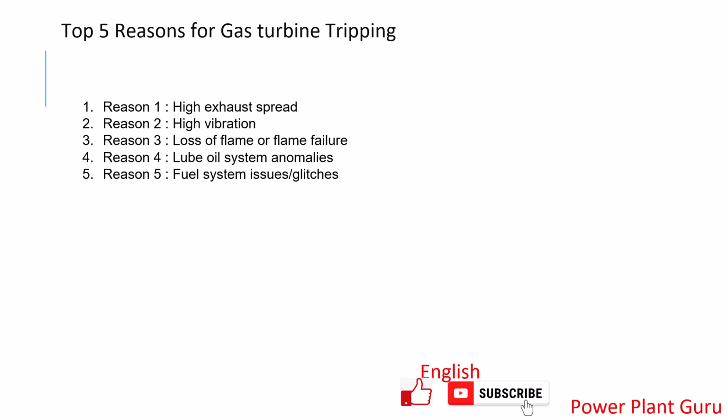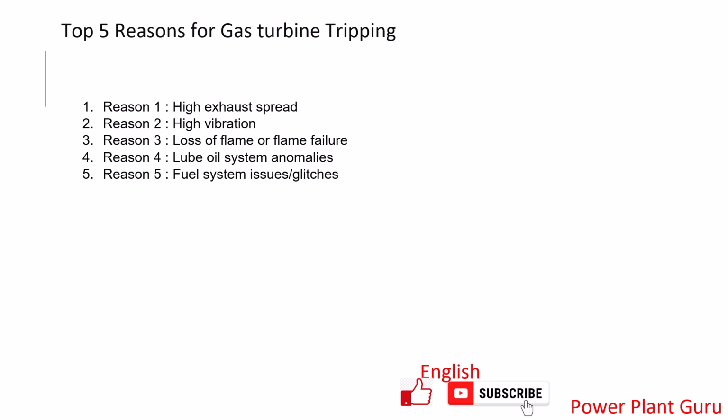I tried to create a video on vibration, but it seems it's going to be a long video. So what I have done is I have tried to capture the details of the vibration system, which essentially you should know when we talk about protection like tripping and other things. This video is going to explain the essential details through a PNID in a gas turbine system.